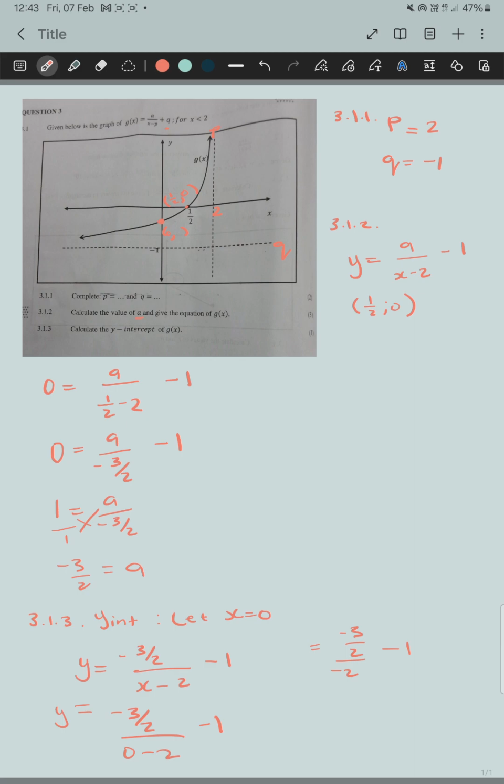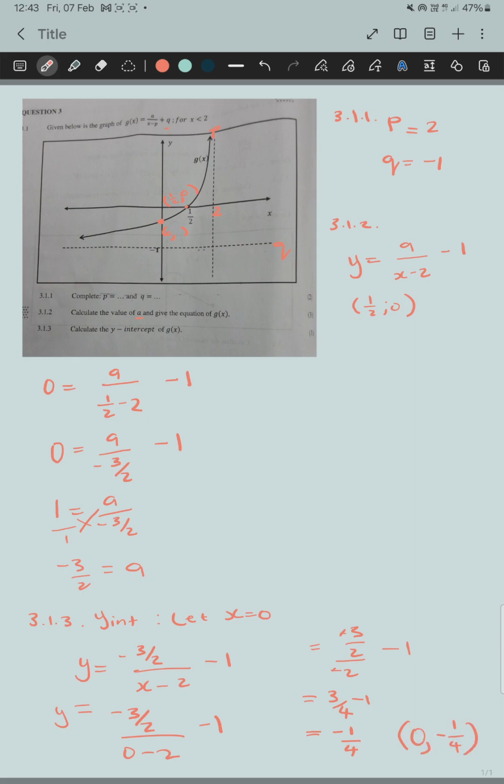It's 3 over 4, positive 3 over 4, because the negatives go. Then minus 1, that will give me -4 over 4 minus 3 over 4, so it's -1 over 4. So my y-intercept will be 0 and -1/4.